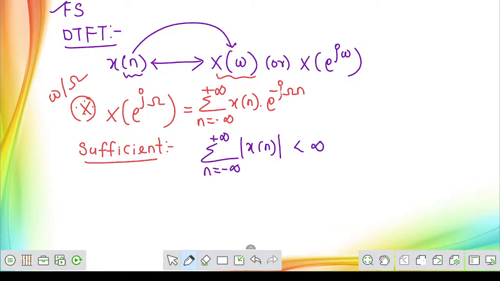It should not approach infinity. It should be finite, so the signal should be absolutely summable. That is the one and only sufficient condition to apply discrete time Fourier transform. You must remember this condition. That is a little bit important. Understood? That's it. Now let's continue.